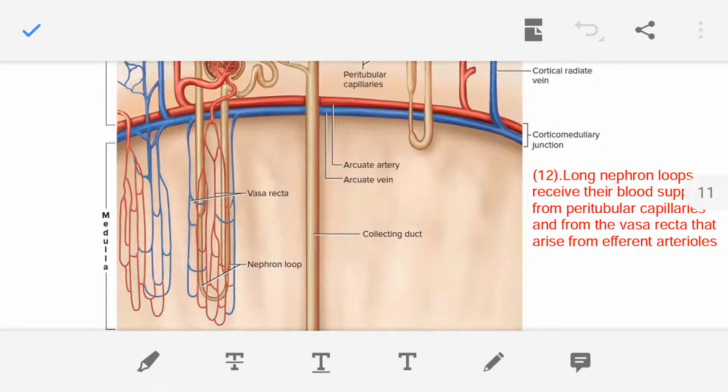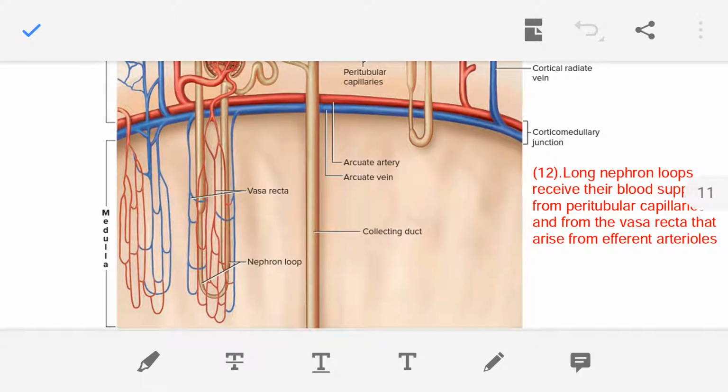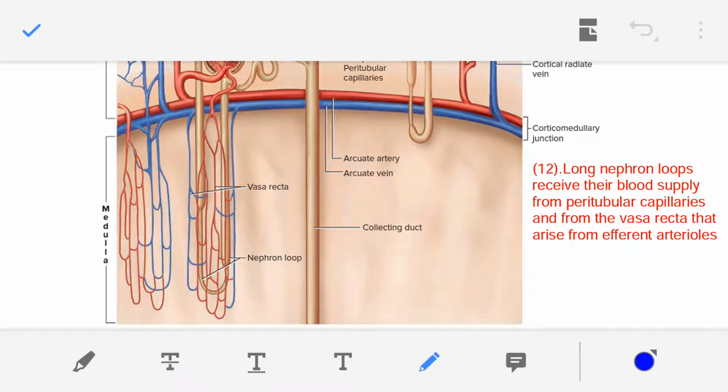But here, in the case of the juxtamedullary nephron, the nephron loop is provided with blood supply with the help of both the vasa recta and the peritubular capillary.